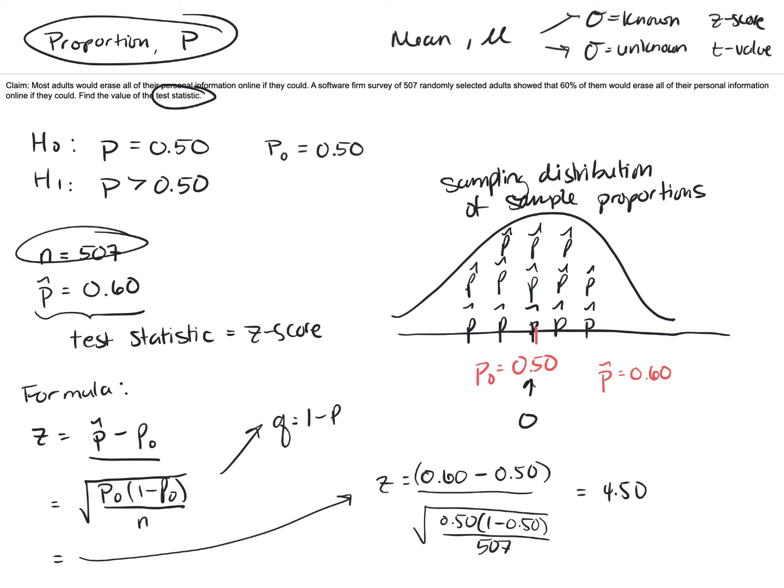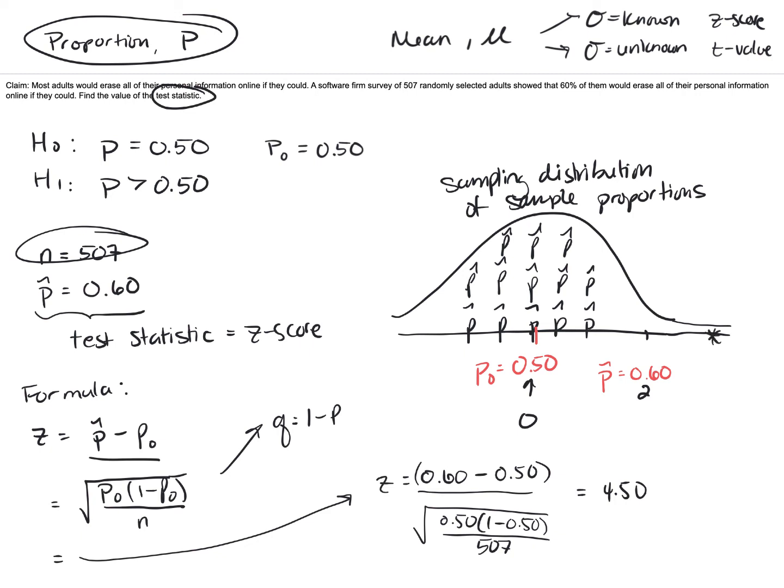That is a pretty high z-score. It's more than 2, and we learned in earlier chapters that z-scores that are 2 or more away from the center means that it's statistically significant.